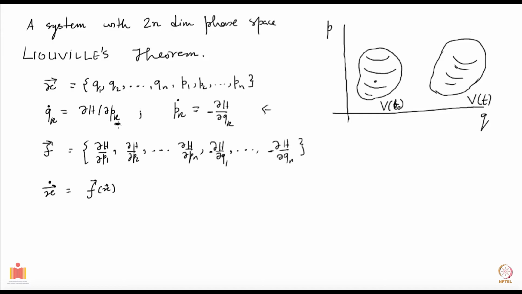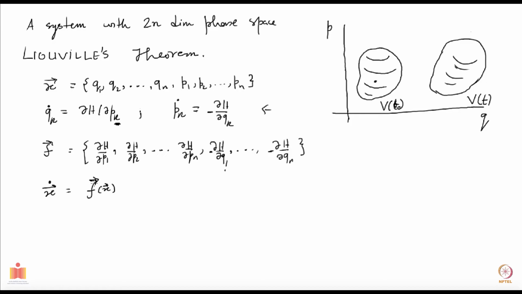And let's look at this one: let's say x of n plus 1 is p1, and p1 dot should be f of n plus 1, which is minus ∂H/∂q1, which is correct. So all I have done is write down Hamilton's equations in this form. There is no content in here, it's just notation.